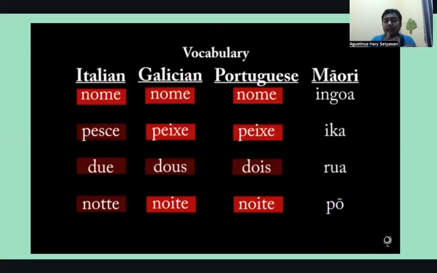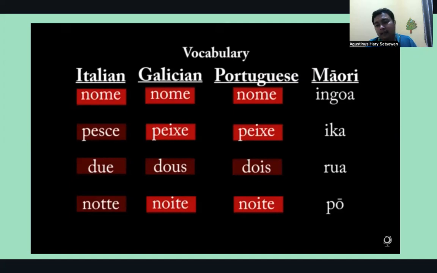There is modification. And then those stories, they also have modification. They have a relation, but not that close. Then noite for Galician and Portuguese, once again, they have a close relation, but only a relation not that close with Italian.